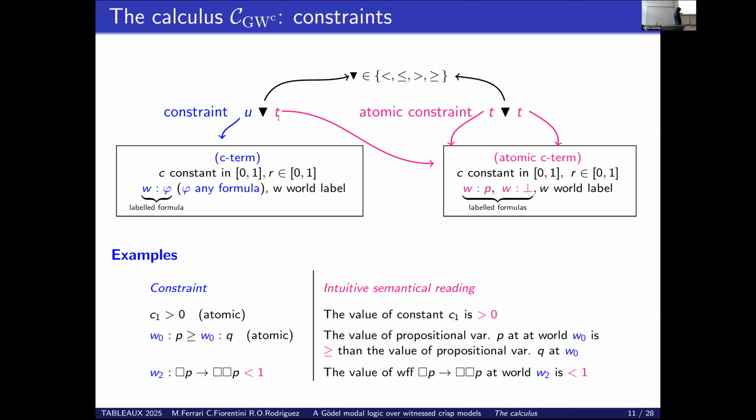In this case, we are saying that this is true if there is a model where the value of this formula is less than 1.